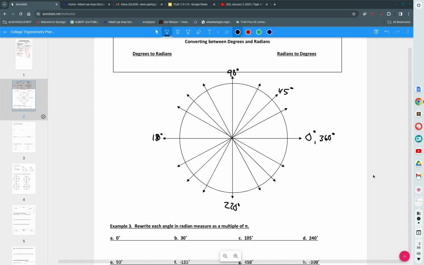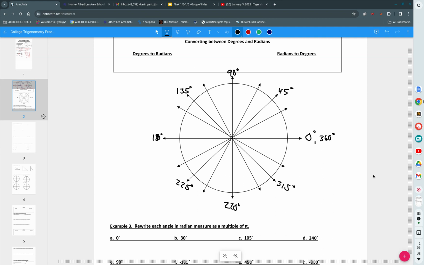If I add 45 onto 90, I get 135. If I add 45 onto 180, I get 225, then 315 degrees, and then 360 all the way around. Is everybody okay with those angle measurements?